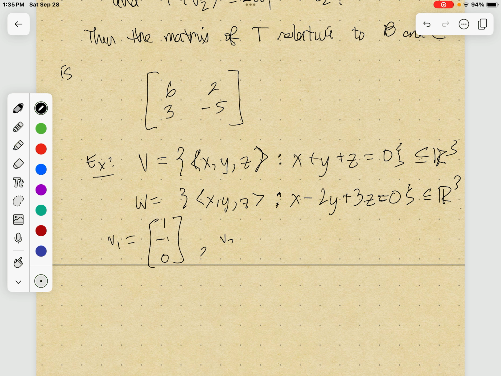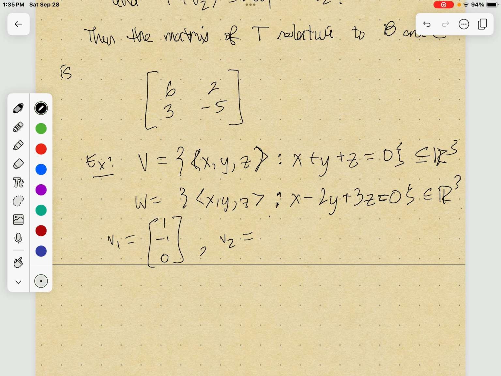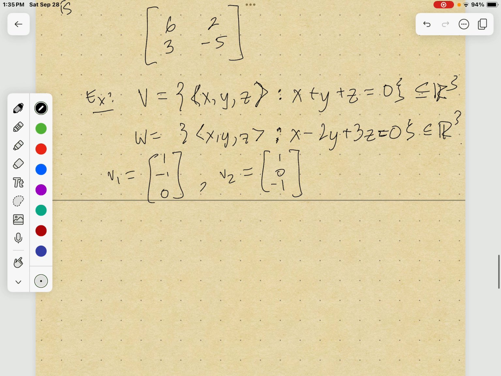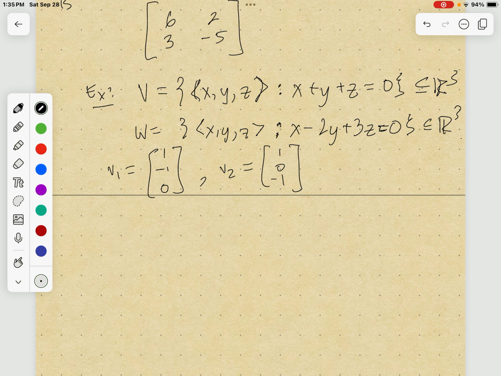And V2, say, is this vector 1, 0, negative 1. That's also in your space V. And I see that V1 and V2 are linearly independent. And I know that V is two-dimensional because it's defined by one linear equation in R3. So V1, V2 is in fact a basis for V.